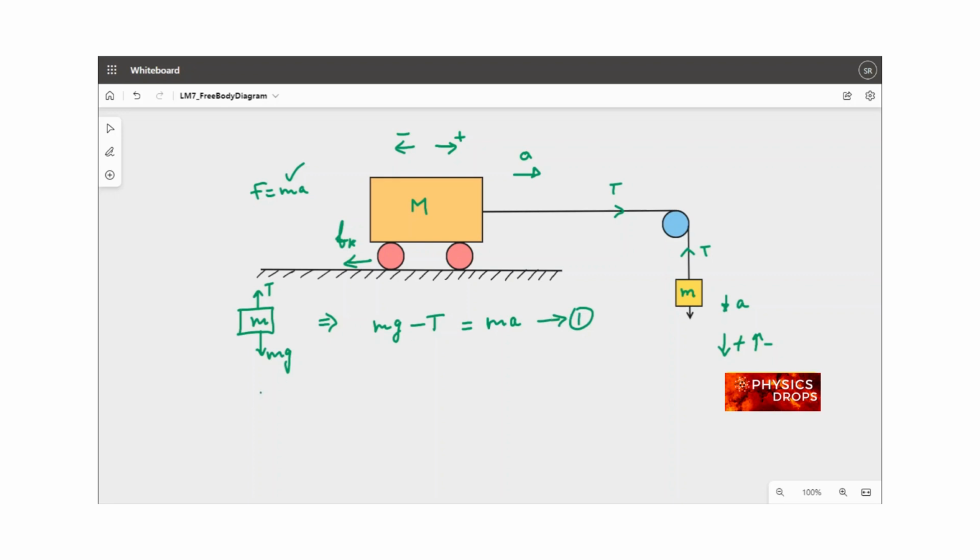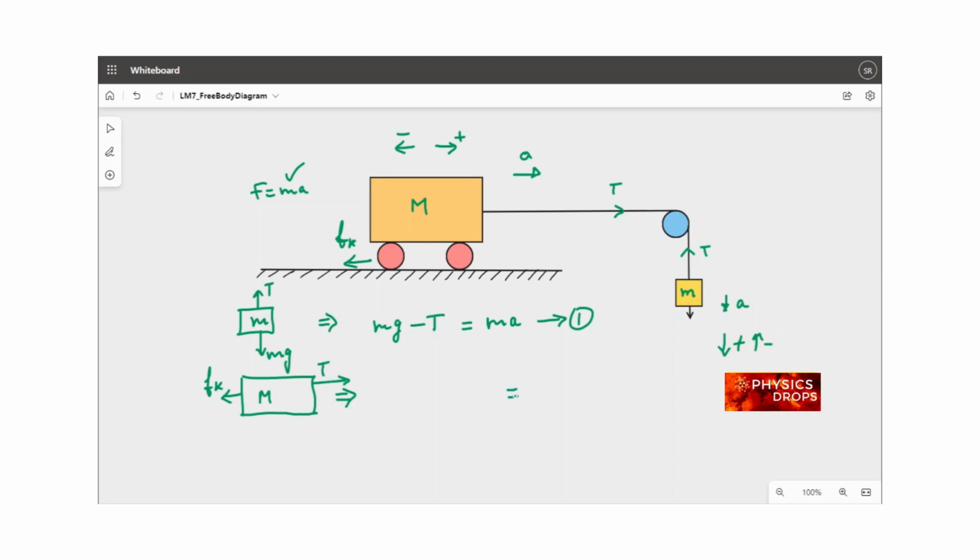Then let's look at the bigger block, capital M mass. So here what are the forces acting? We can see that the kinetic friction force is acting in this direction, and the tension from the rope is pulling it towards the right hand side, and we have taken that direction as positive.